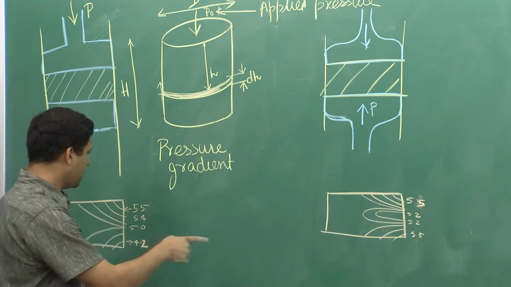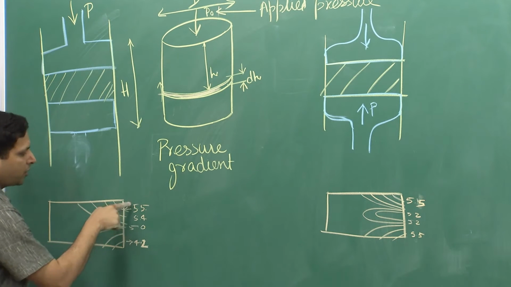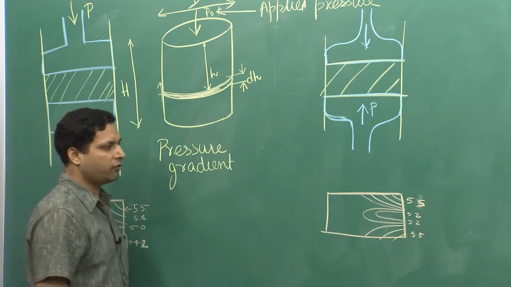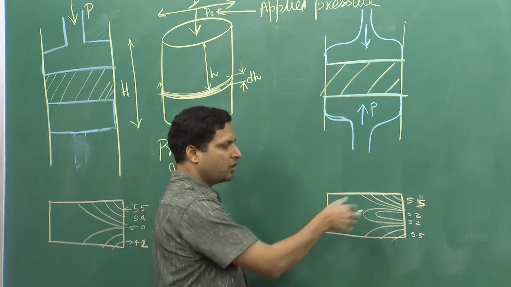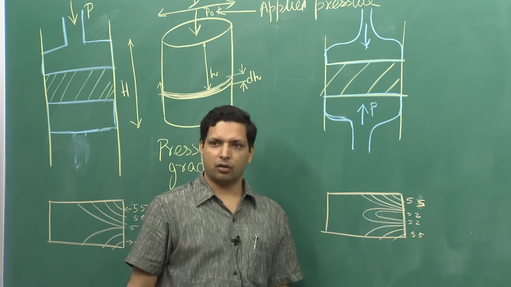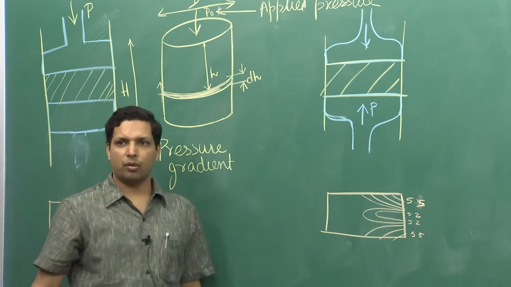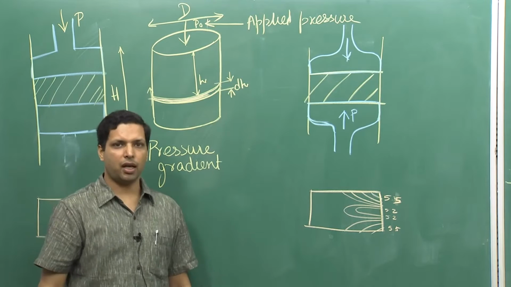Now you see we are using the same dimension, so compare it. Over here it drops from 5.5 to 4.2, in this case it drops from 5.5 to just 5.2, and therefore you have a much smaller density distribution in this case than in this case. So, this is the more preferred way if you want much more dimensional accuracy.